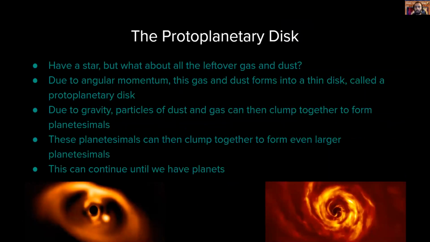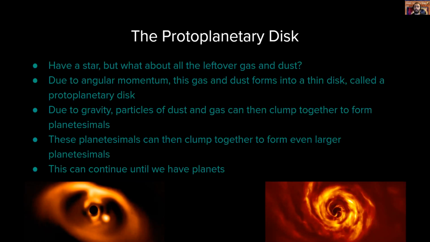So you have a star, but what about all the leftover gas and dust? Not all of it ends up in the star. Due to angular momentum, the gas and dust eventually formed into a thin, spinning disk called a protoplanetary disk. Within that disk, particles of dust and gas can clump together due to gravity to form planetesimals.